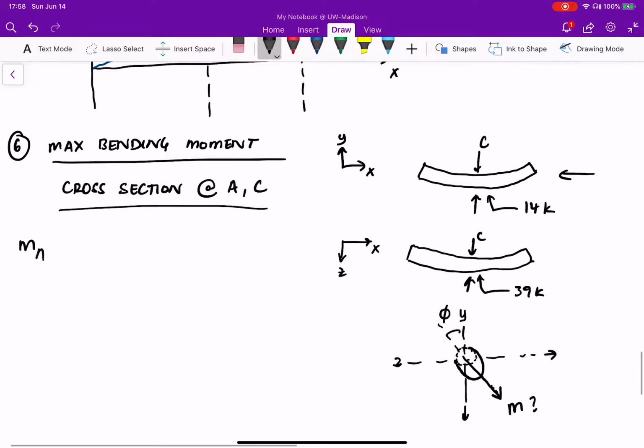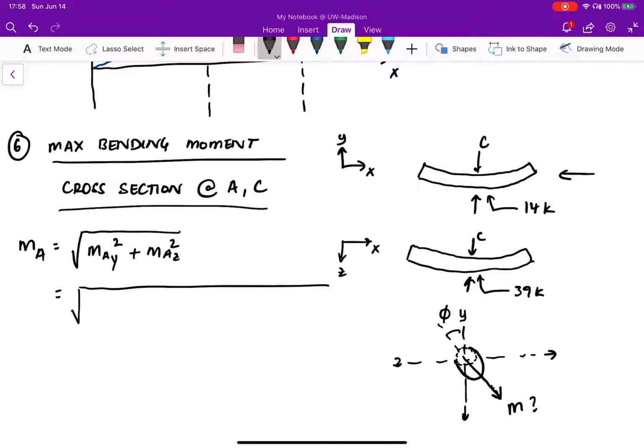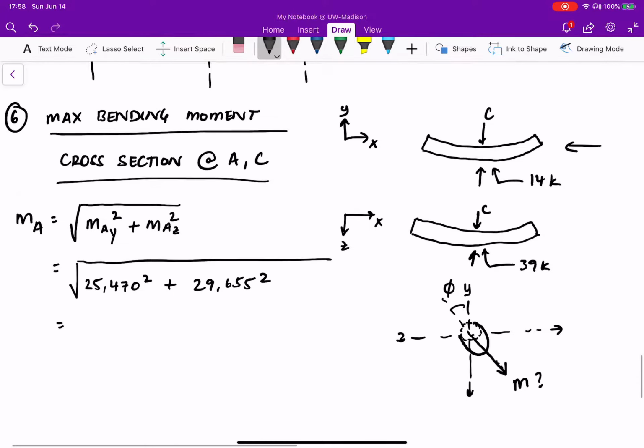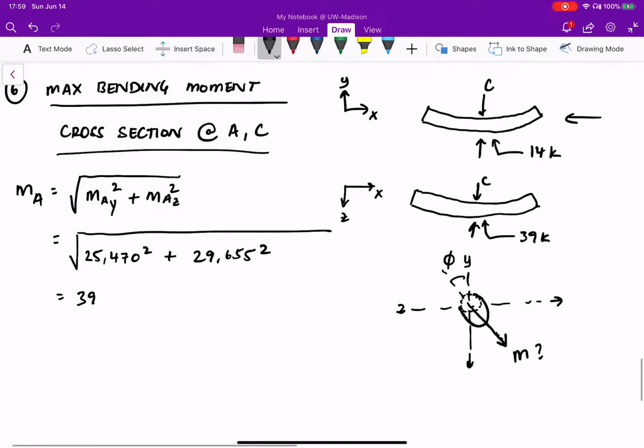So the moment at A is equal to the moment at A in the y direction plus the moment at A in the z direction, sum of squares. So we have 25,470 squared plus 29,655 squared, which gives us 39,091 Newton millimeters.